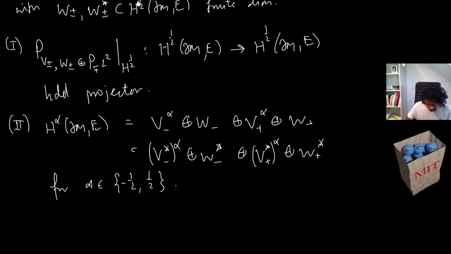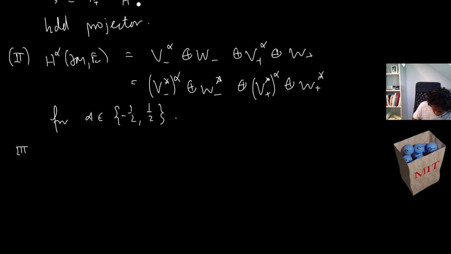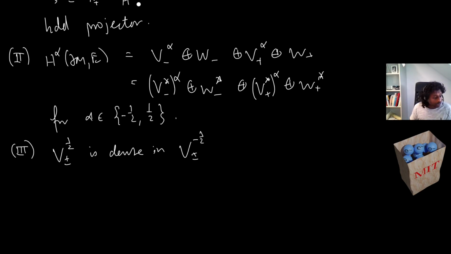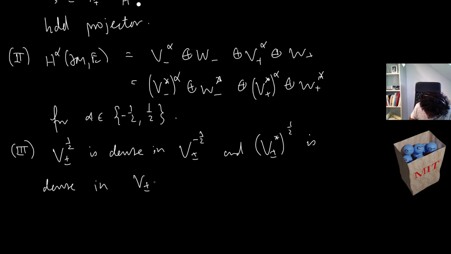Okay. And the third point is that V plus minus a half is dense in V plus minus minus a half, and V plus minus star a half is dense in V plus minus star minus a half.